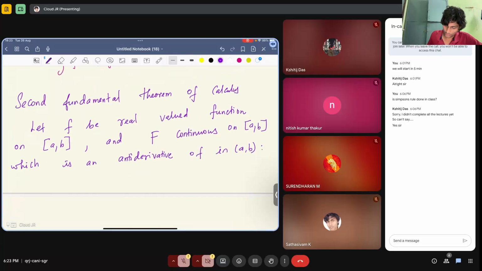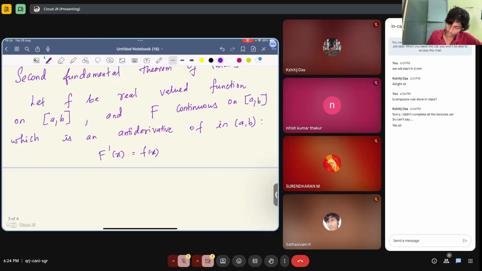So antiderivative means again just F prime of x is nothing but f of x.